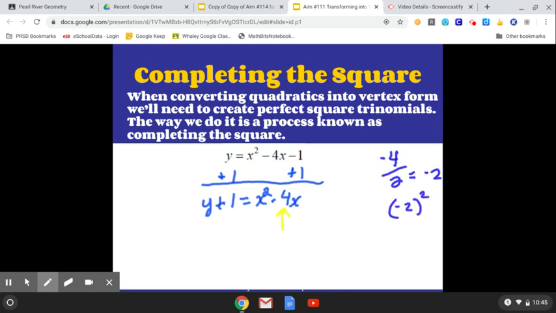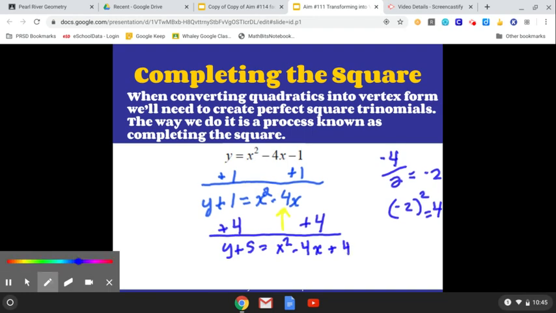Okay, now, when I square -2, be careful, put it in parentheses. -2 squared is equal to 4. Now, what I want you to do is add that number to each side here. So +4 and +4. You have to do it to both sides, otherwise you don't keep that equation balanced. And when we do, we end up with y plus 5 is equal to x squared minus 4x plus 4.